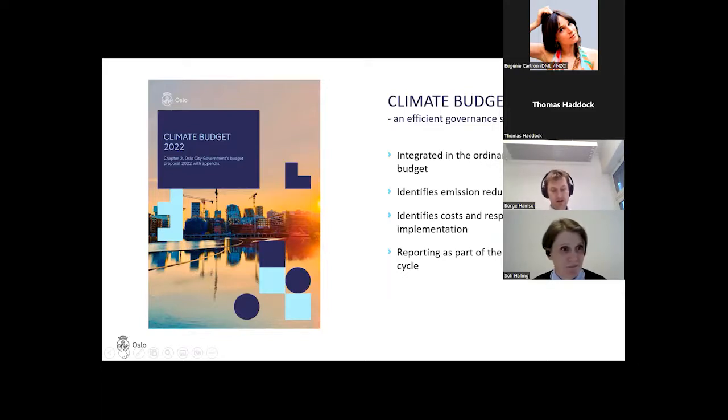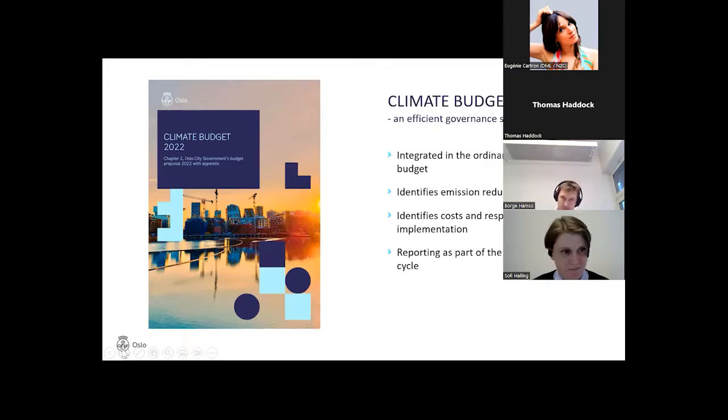It's a bit challenging to describe exactly what the climate budget is, because it is both a document with an analysis that's part of the normal budget, actually, in practice, chapter 2 in the budget, but it's also the climate budget process for deciding measures.